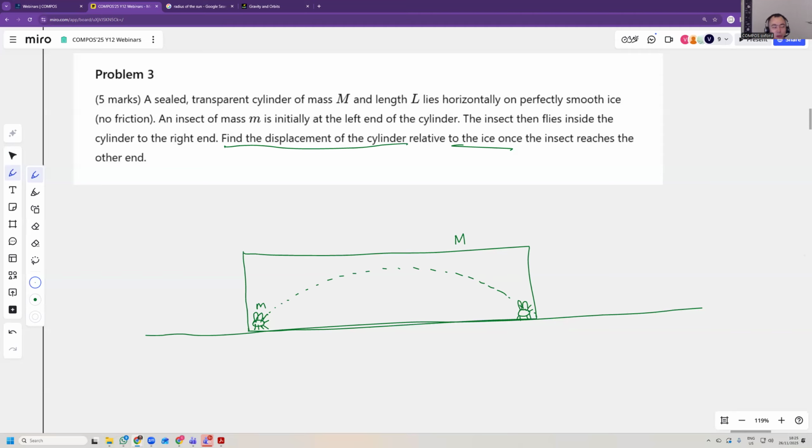Well, if it was crawling from one end to another, that would make sense. There's friction, right? The fly pushes the jar, and the jar pushes the fly back forwards. In order for the fly to accelerate forward, the jar has to push the fly forwards, and the fly must push the jar backwards.